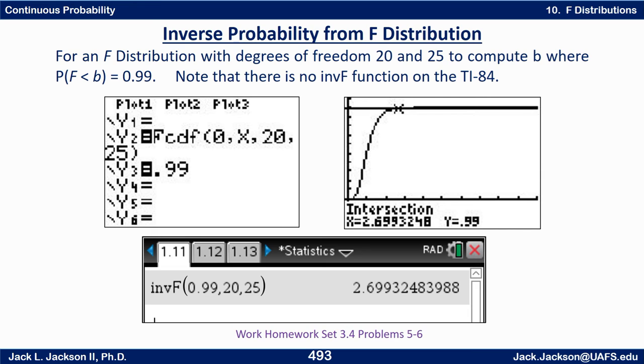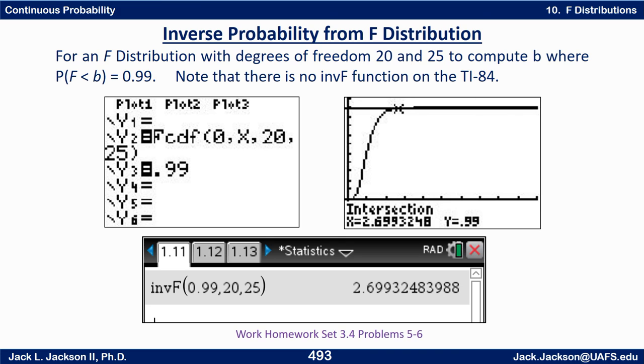Basically, it boils down to this: you use the CDF to find probabilities, and you use the inverse function to find inverse probabilities if you have it. On the TI-84, you only have it for the T and the normal, so you have to graph the CDF and a horizontal line and calculate the intersection for inverse probabilities when you're doing the chi-square and the F. On a TI Inspire, they have inverses for all four, so it's a little bit easier there.